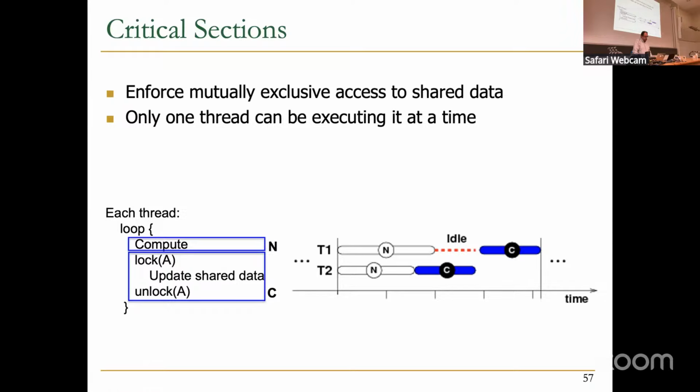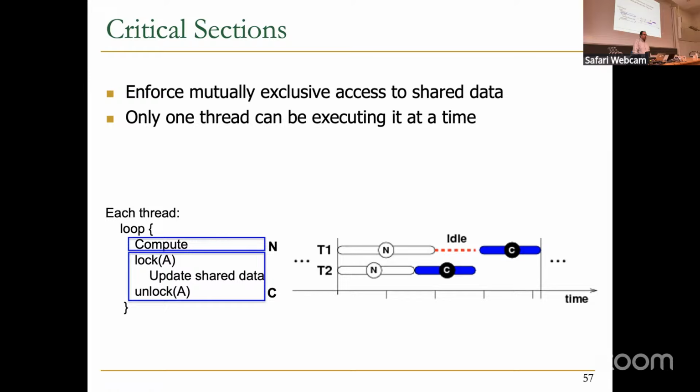For whatever reason, thread 1 is taking longer. That's why thread 2 reaches the critical section faster, gets the lock and enters the critical section. Now thread 1, when it reaches the critical section, should be stalled. So now we are observing serial execution. That's a serial bottleneck that we might have.